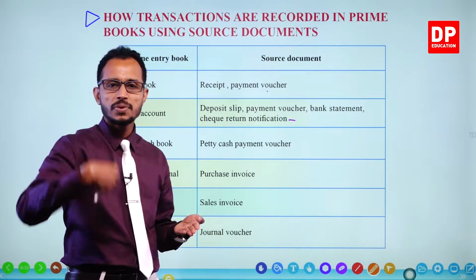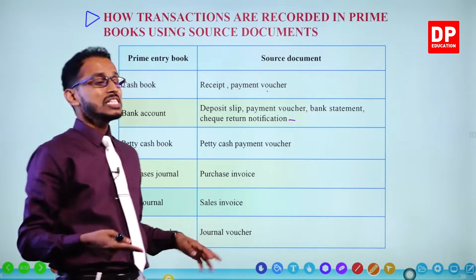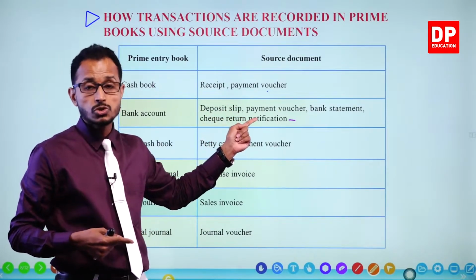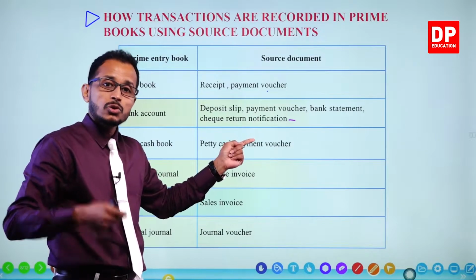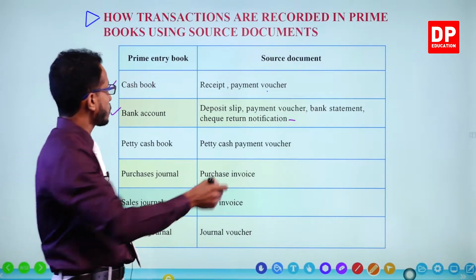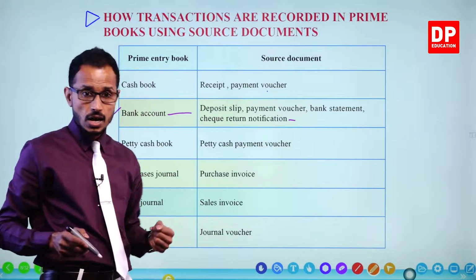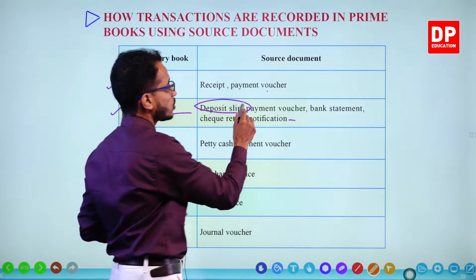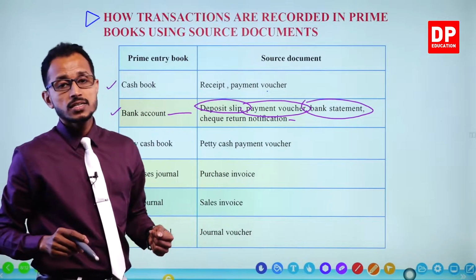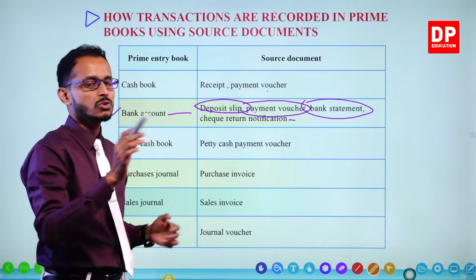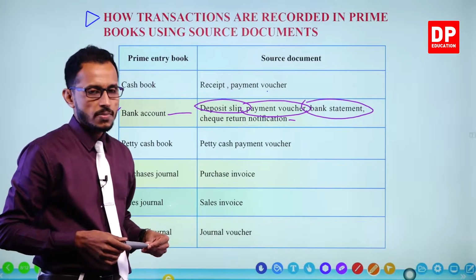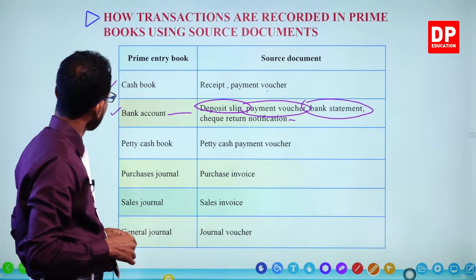Original is kept, copy is given to you. The copy of the deposit slip is a source document for you to prove that you have deposited money into the bank account. So when it is about the bank account, you use these source documents to record anything that has happened with the bank account. All right.